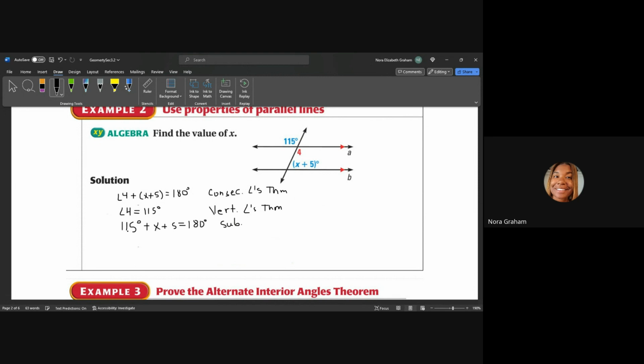Now we just use algebra. So let's combine our like terms. 115 plus 5, that's going to be 220 degrees. Or 120 degrees, my apologies. That's going to be 120 degrees, and then plus x equals 180.